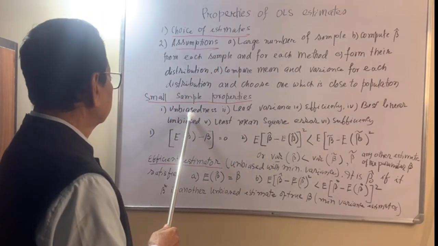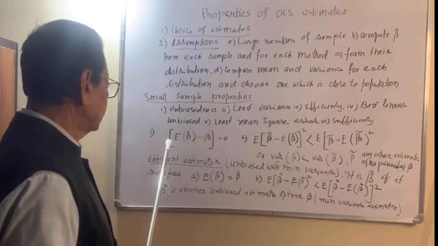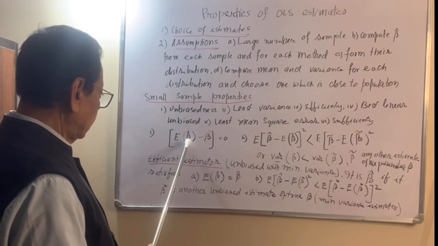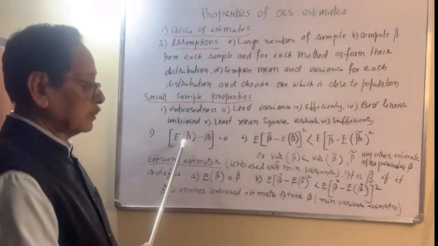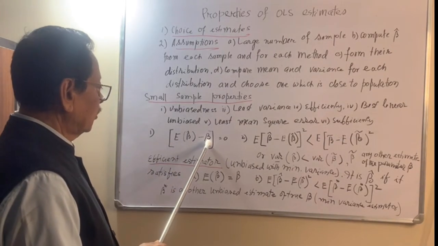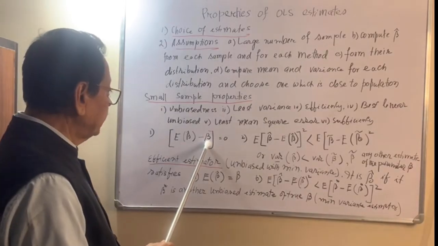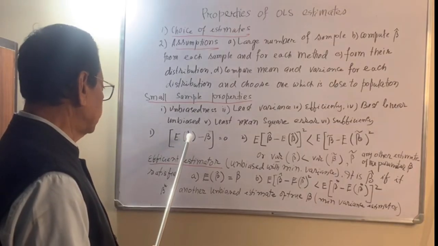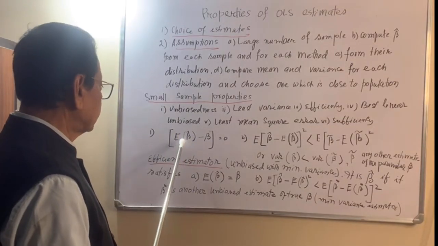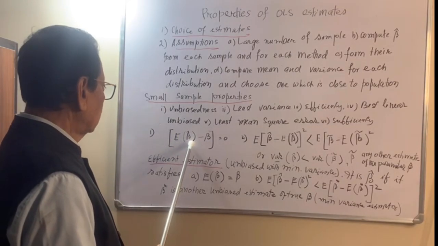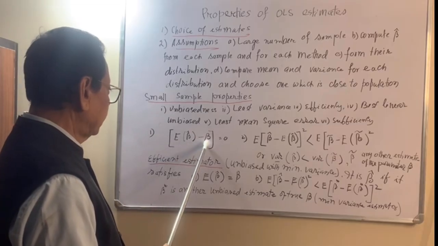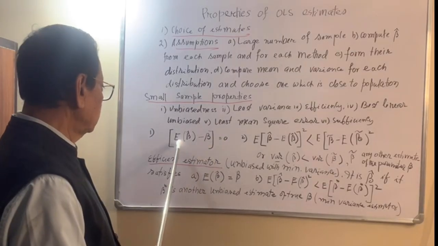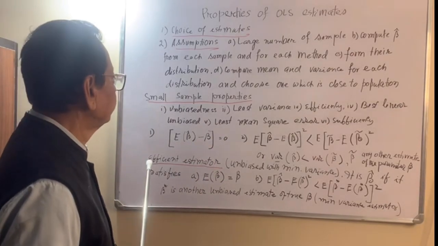Number one, unbiasedness. The expected value of the estimated beta and the population beta, the actual true beta, their difference should be 0. There should not be any difference between these two.